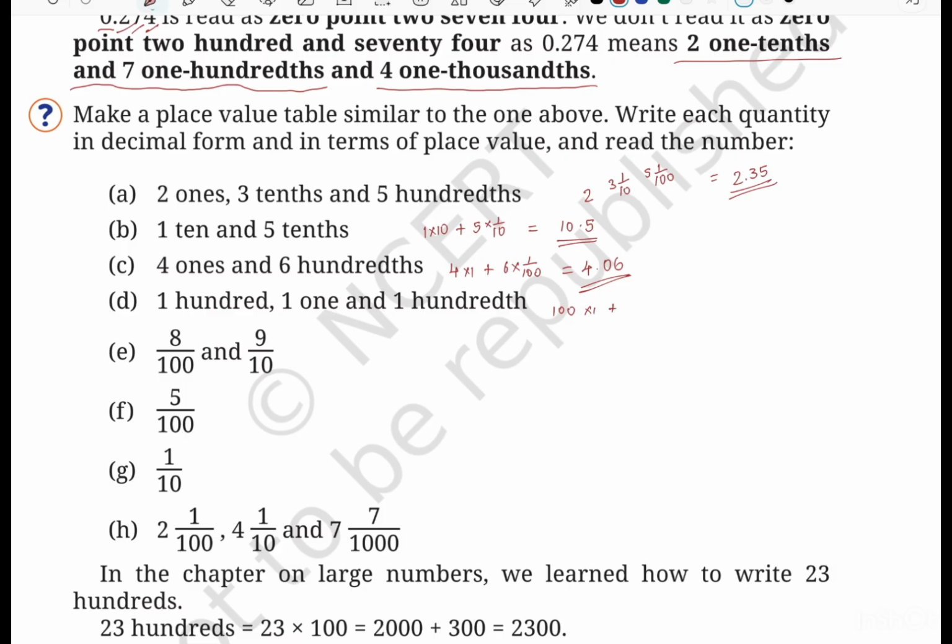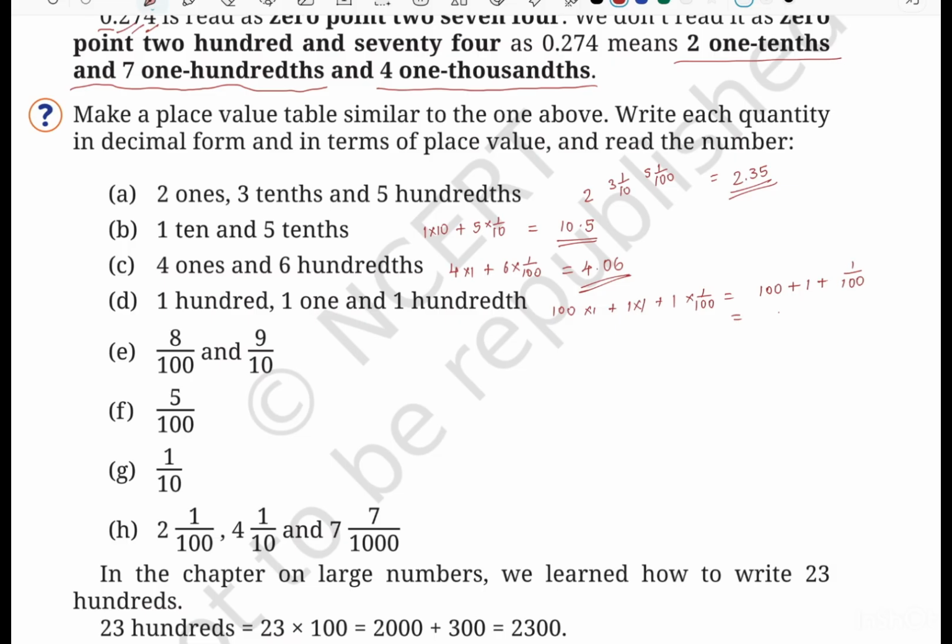Next one is 100 plus 1, that is 1 times 1, and 1 hundredth, that is 1 by 100. So 100 means 100, plus 1 means 1, plus 1 hundredth means 1 by 100.